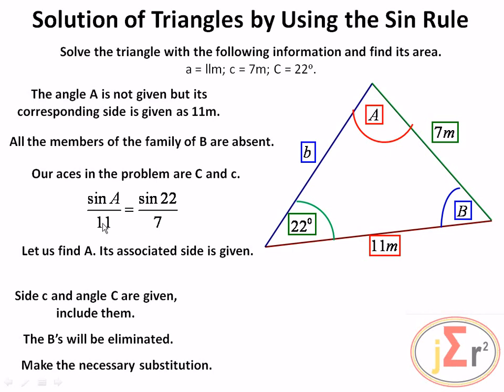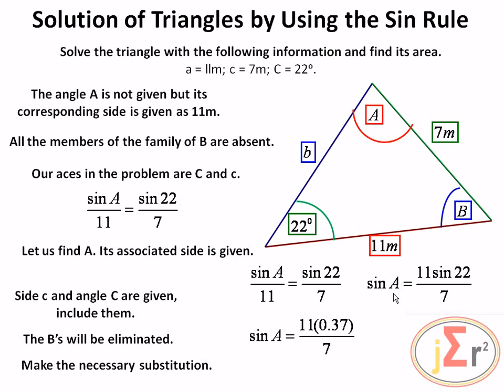And we may transpose, getting rid of this 11 that is divided on this side, multiplying on the other side. So there we have it. And of course, after that, we need to determine sine 22, and we put that right inside there. And all we need to do is do our calculation, and sine A is equal to 0.59.